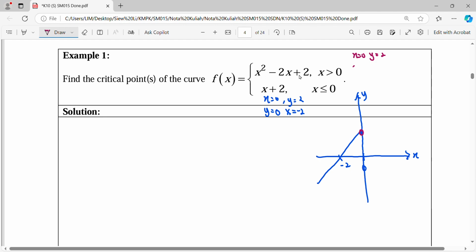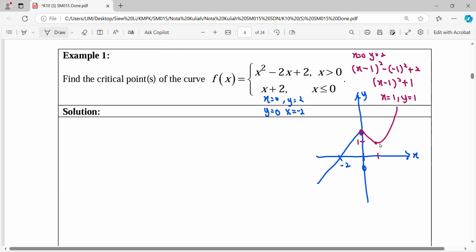Can you do completing the square? (x - 1)^2 - 1^2 + 2. Put x in the bracket, then b divided by 2, minus this b squared. So x equals to 1, y equals to 1. So this is the minimum point of the quadratic. Okay?